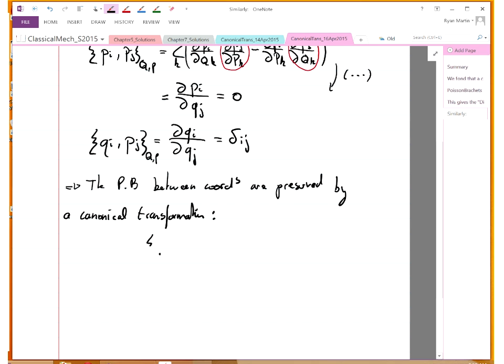All that is just to say this: if I take the Poisson bracket of lowercase qi and lowercase qj, and I evaluate it in the transformed coordinates capital Q and capital P, I get exactly the same result as if I had evaluated it in the untransformed coordinates q and p.